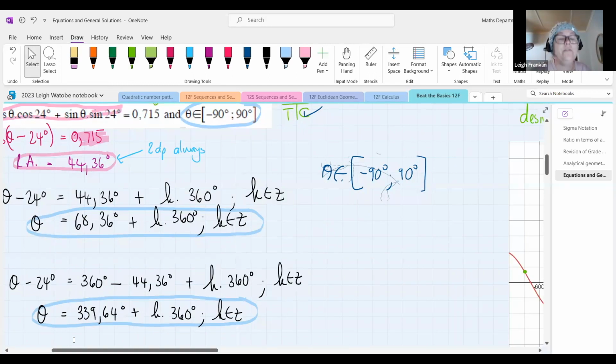And then you've got this 339. Let's just do that in a different color.